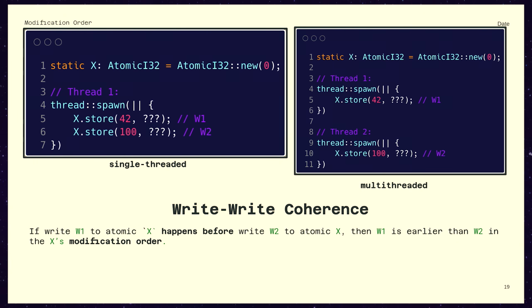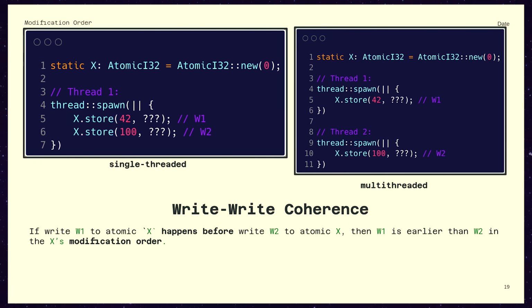So one of them is write coherence. A lot of these are very basic to understand, very simple. We have some code up there, single-threaded and multi-threaded, and all they're doing is just storing to x, which is the atomic, 42 and then 100. And so write coherence just says if write W1 to some atomic x happens before write W2 to that same atomic, then write W1 is earlier than write W2 in its modification order. It's kind of obvious, right?